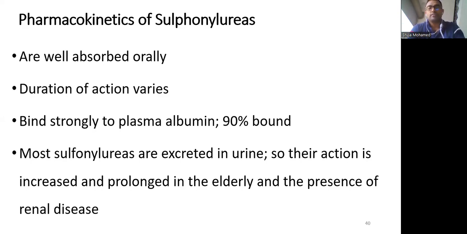So most sulfonylureas are excreted in the urine. So the action is increased or prolonged in the presence of renal disease. As they are excreted in the urine, if you have a problem in the kidney, the excretion is reduced. So the amount retained in your body is increased.